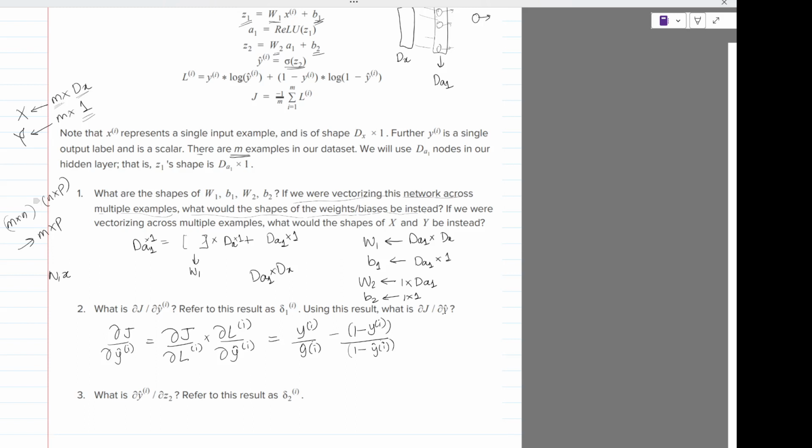Because the partial derivative of yi with respect to log will be 1 by y hat i. So you will get like this.